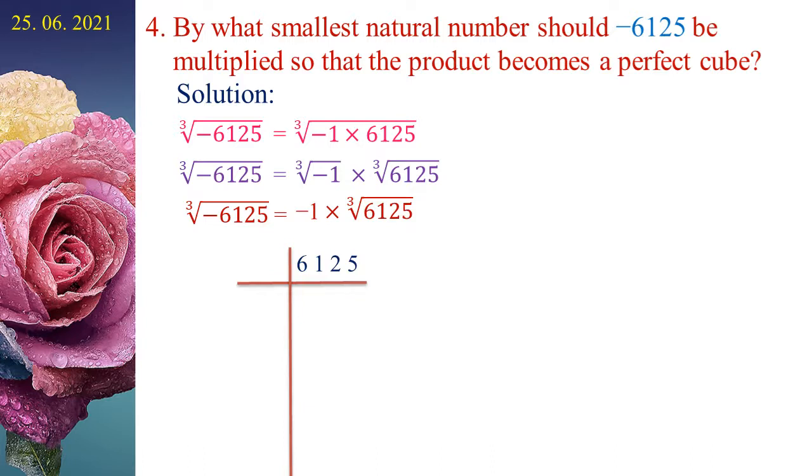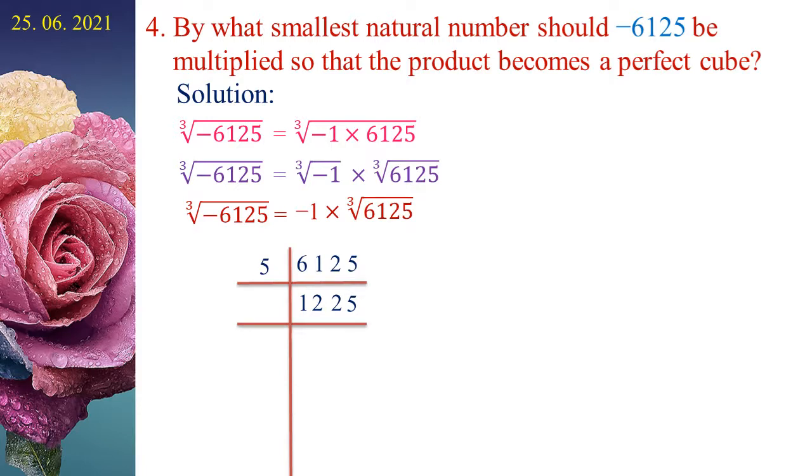The number 6125 is ending with 5. So, we can divide by 5. 1 5 is 5, balance 1, 11, 2 5s are 10, balance 1, 12, 2 5s are 10, balance 2, 25. 5 5s are 25.